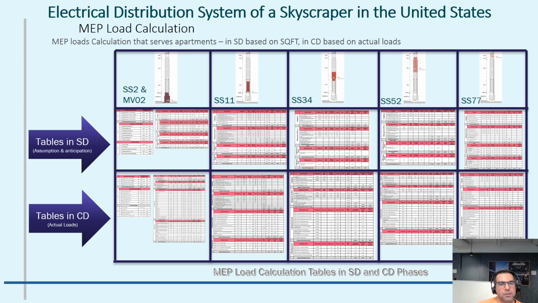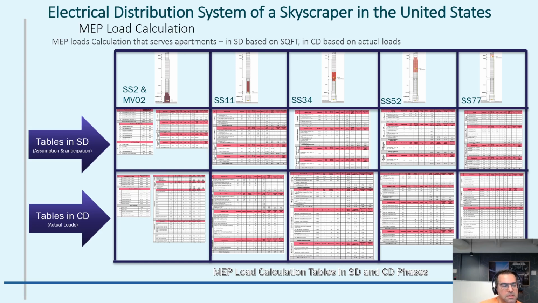This is a comparison between the two phases. The initial phase is SD, schematic design, where we have only the square footage, and we build up the number of square footage of the apartment multiplied by the kW or volt-ampere. We generate the requirement for each tier.